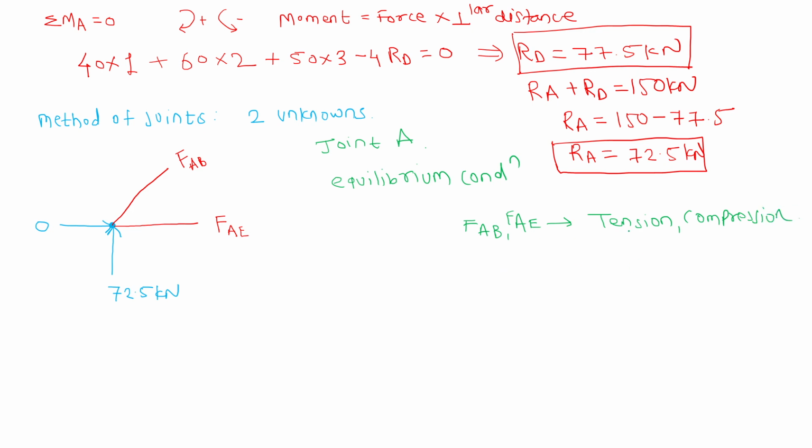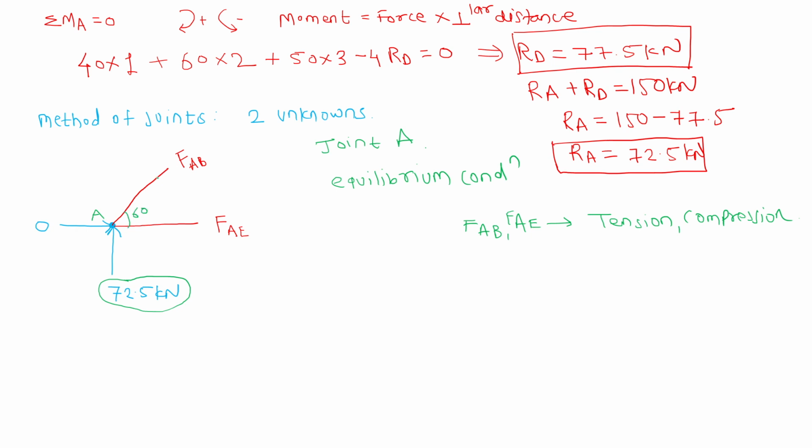Okay, so we have to assume the nature. So how to assume? Here if you see, there is a vertical load of 72.5 kilonewton acting at joint A in this free body diagram. So to balance this, someone should be downward. Okay, AE cannot produce downward, but AB, the angle is 60-degree here, right?